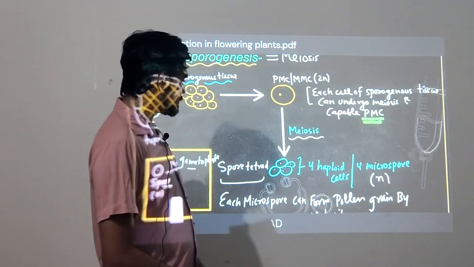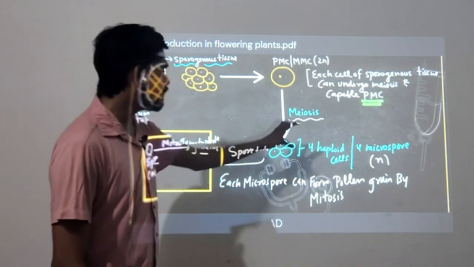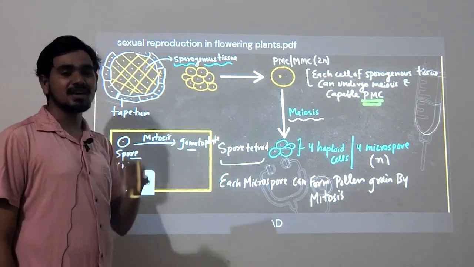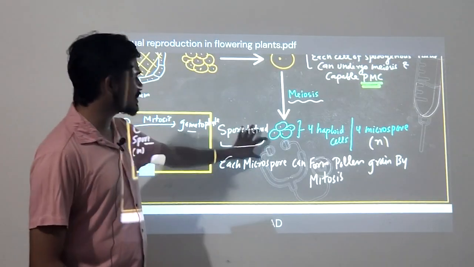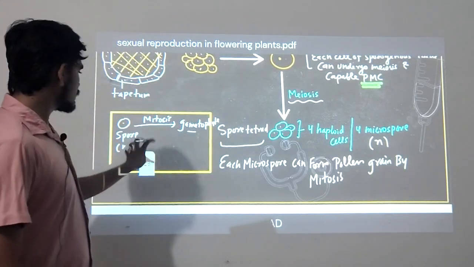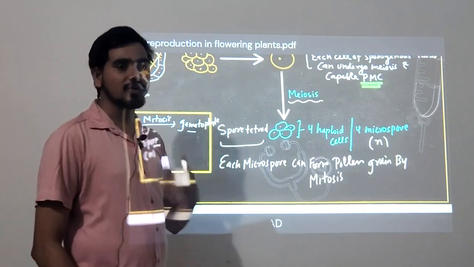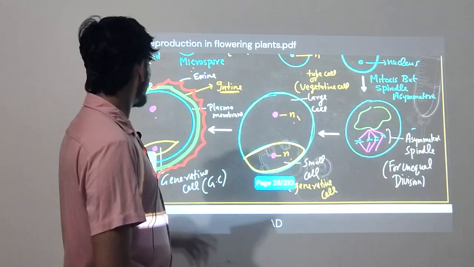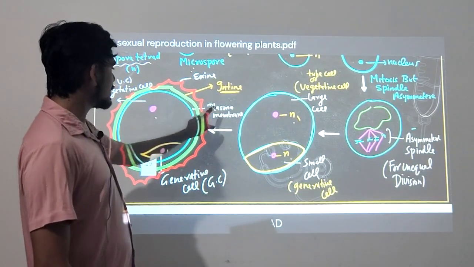But after meiosis, it will form four haploid cells, known as four microspores, and they form the tetrad, called the spore tetrad, or microspore tetrad. After the formation of the microspore tetrad, mitosis takes place. From each microspore, mitosis takes place and it forms the pollen grain, in which we find the outer exine, the inner intine, and the third layer, the plasma membrane.